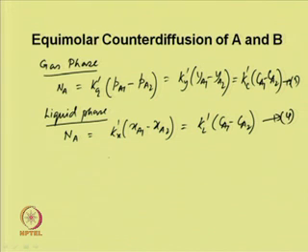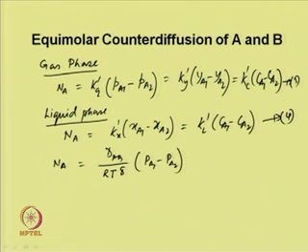Now, for equimolar counter diffusion, we know that flux Na is equal to DAB by RT delta into (PA1 minus PA2).